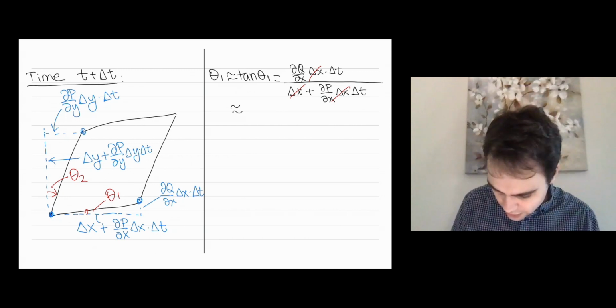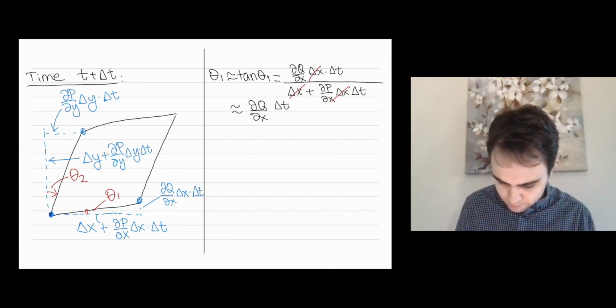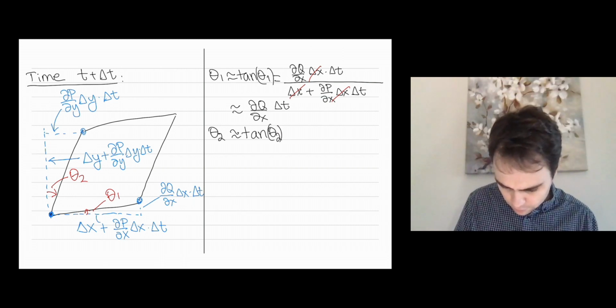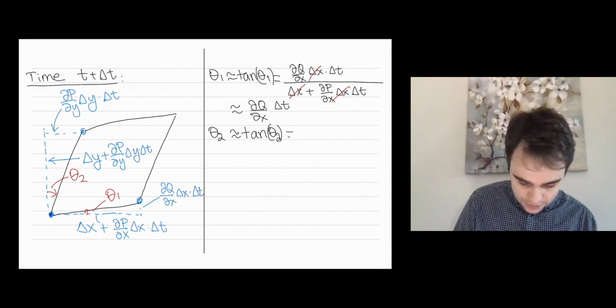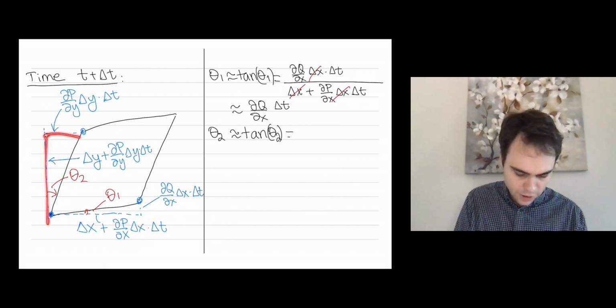Anyway, the result is that theta 1 is approximately dq/dx times delta t. Theta 2, on the other hand, is approximately the tangent of theta 2, and the tangent of theta 2 is opposite length divided by adjacent length.